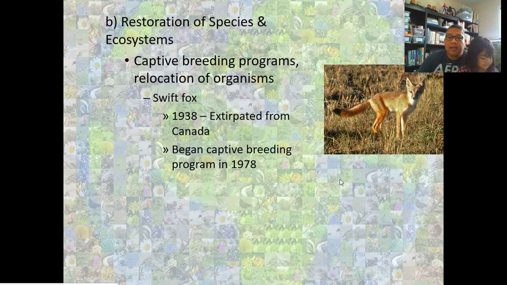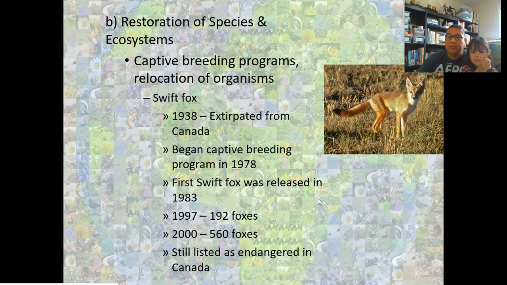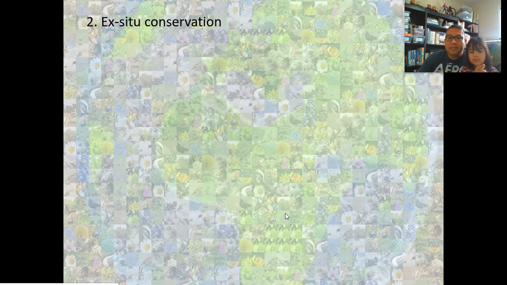They began captive breeding in 1978, and swift foxes were released in 1983. Now in 1987, you have 192 foxes, and hopefully numbers will continue to grow. Still listed as endangered in Canada, but if the numbers are growing, then it's a good sign.